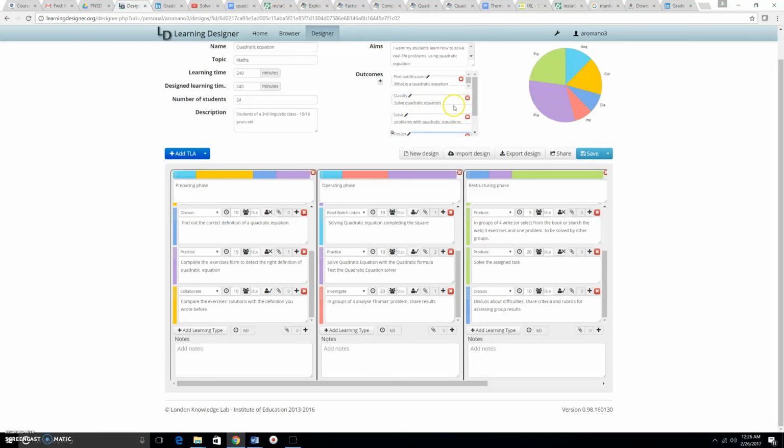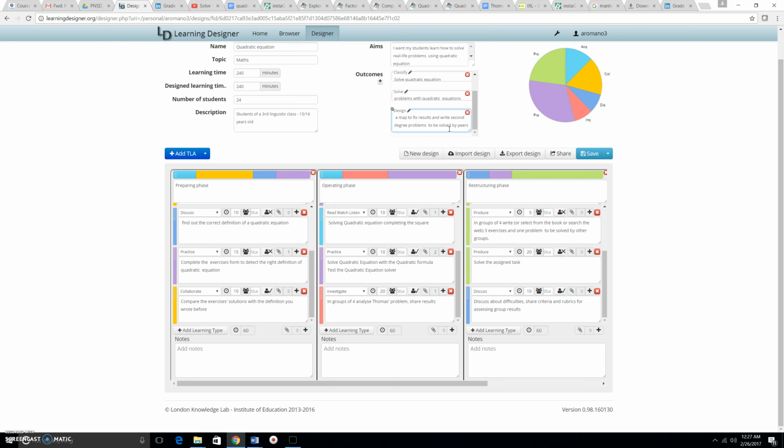The second one is which are the methods for solving quadratic equations. Then they have to learn how to solve problems with quadratic equations. And at the end, I want my students to design a map where to fix the results they got and try to write second-degree problems to be solved by their peers.